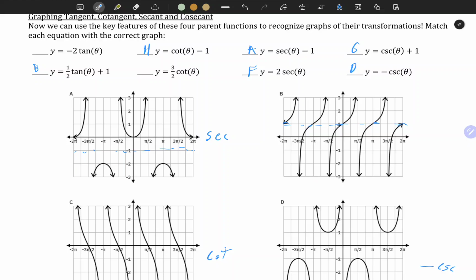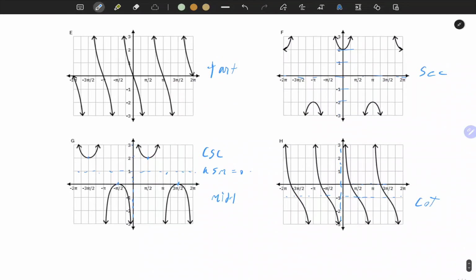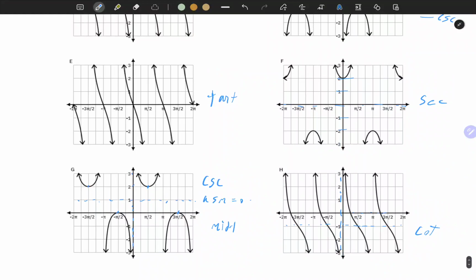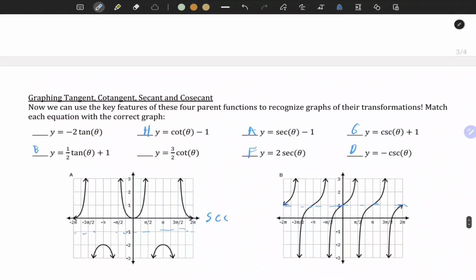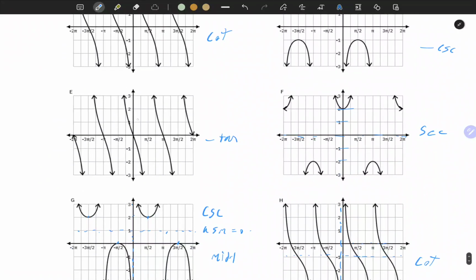Alright, let's look at this inverse tangent over here. This is an inverse tangent at E. Does it have a midline? Does it have an amplitude of 2? Yes, it does. It has an amplitude of 2 here, here, here, here.